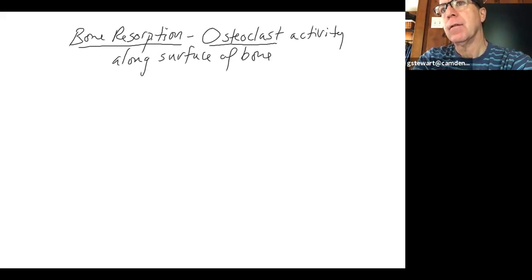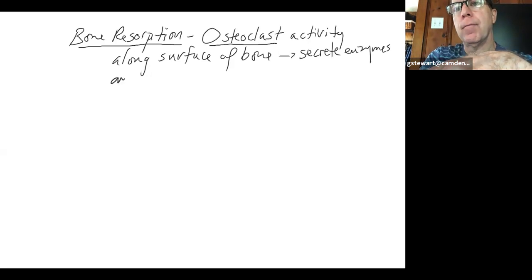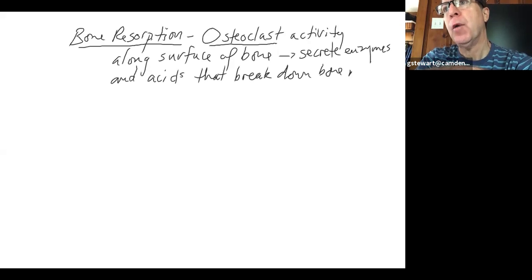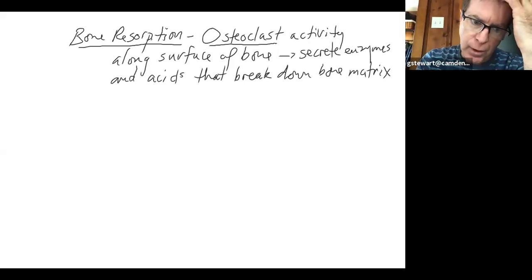And they secrete enzymes and acids that break down bone matrix. And the purpose for that is they get rid of bone tissue where we're not using it, where it's not needed.